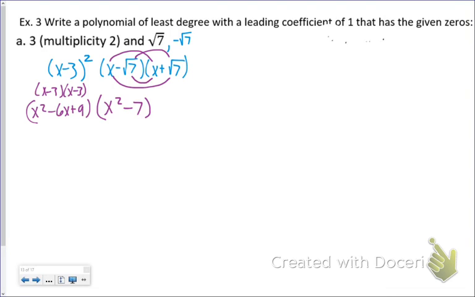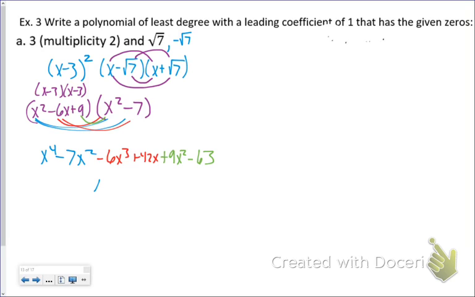And then from here, again, just make sure you multiply everything times everything. So I get x to the 4th minus 7x squared minus 6x to the 3rd plus 42x plus 9x squared minus 63. Combine any like terms you can combine.